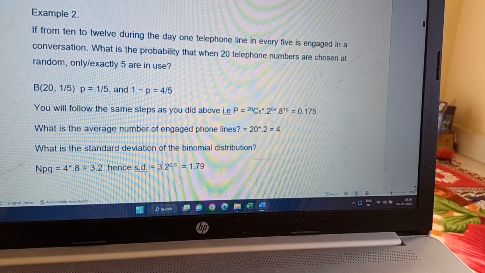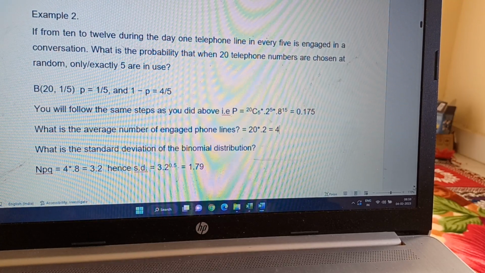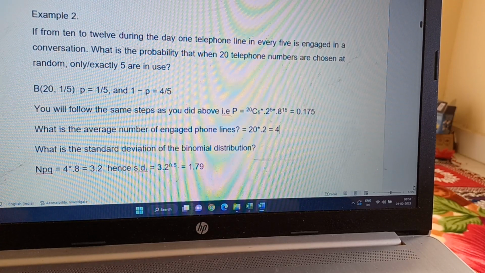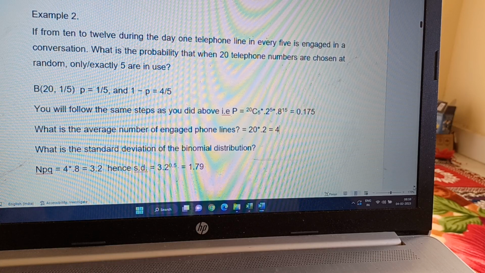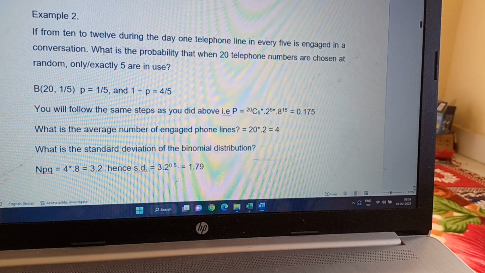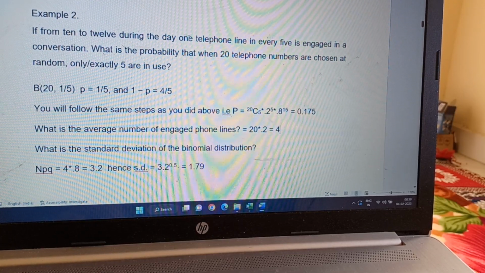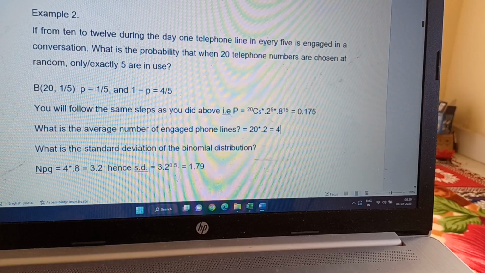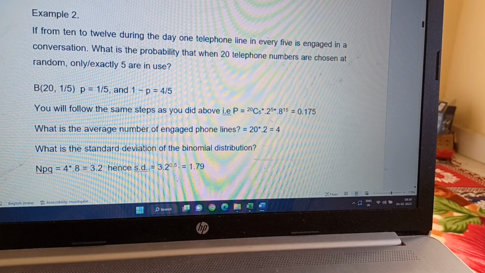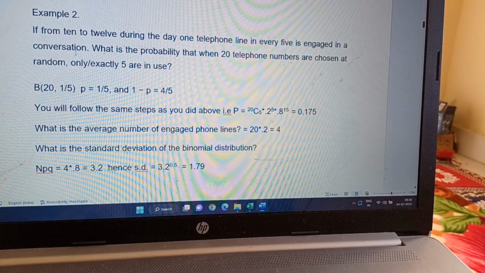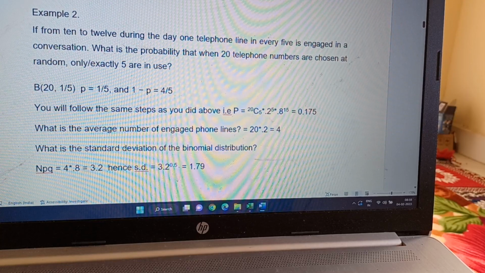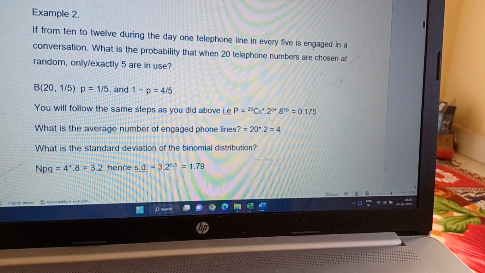So I go to example 2, which is slightly different in words. Here P is not equal to Q. So let's see the question. If from 10 to 12 during the day, one telephone line in every 5 is engaged in a conversation, means one telephone line in every 5 is engaged.